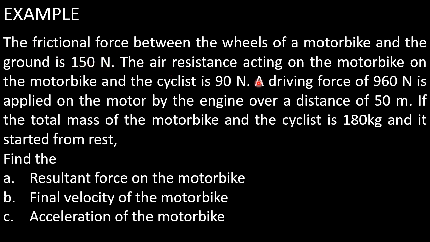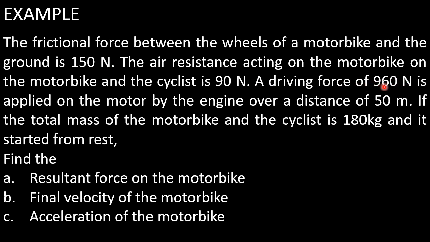The air resistance acting on the motorbike is 90. So here we have two opposing forces, this 150 newtons and this air resistance. Both of them are opposing the force of 960 newtons.